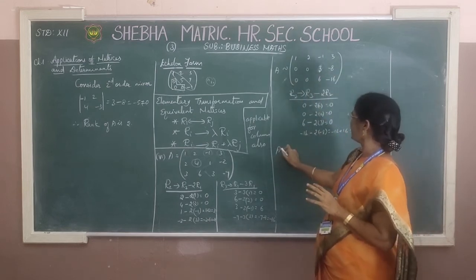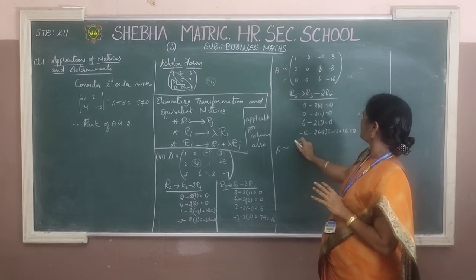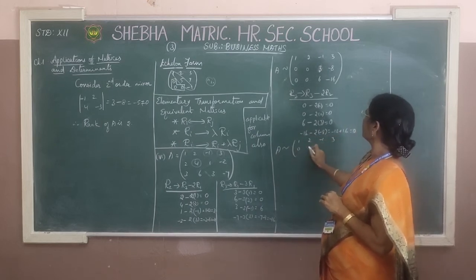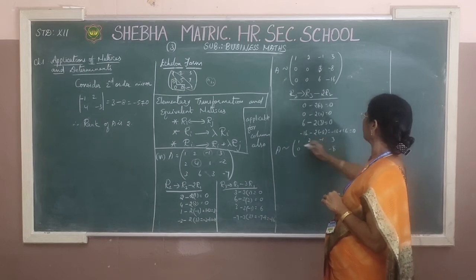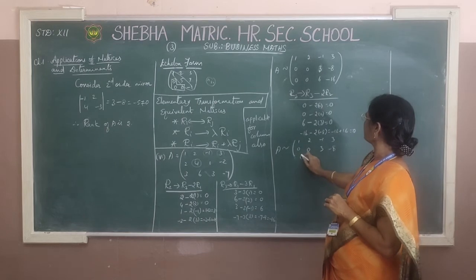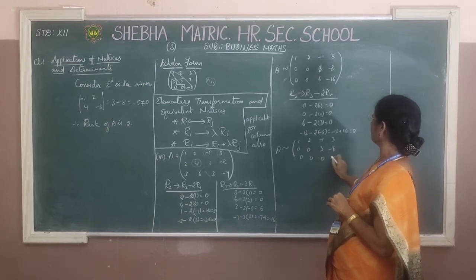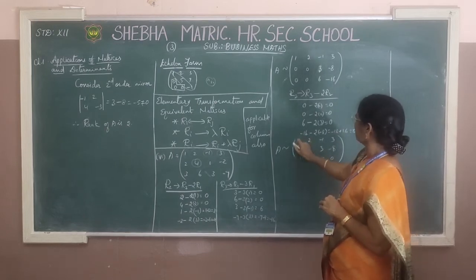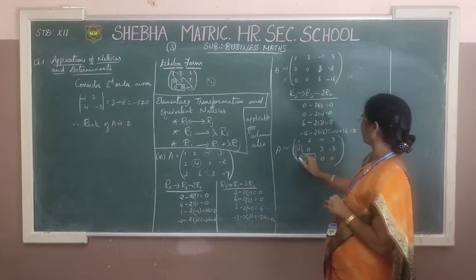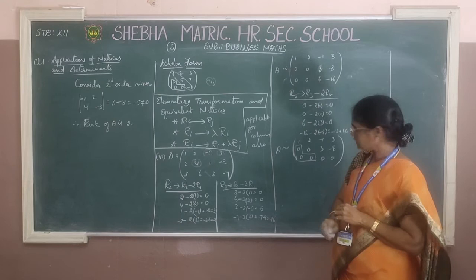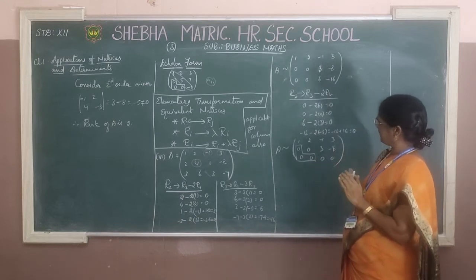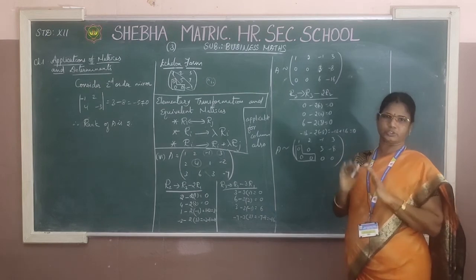So our A is equivalent to 1, 2, minus 1, 3; 0, 0, 3, minus 8; and our third row becomes 0, 0, 0, 0. Okay, it is of echelon form, isn't it? It is of echelon form. So we have to stop up to this. Listen, first consider how many rows are non-zero.